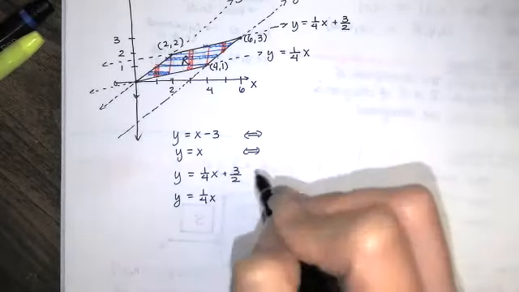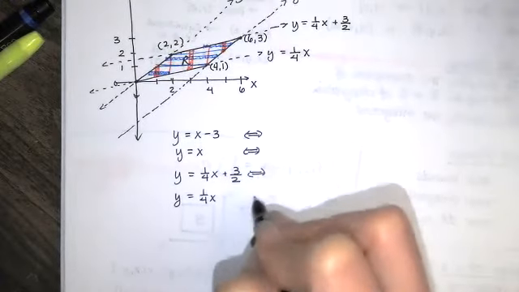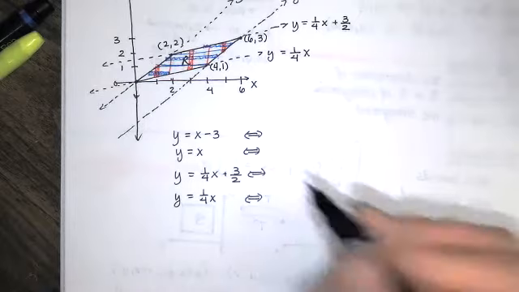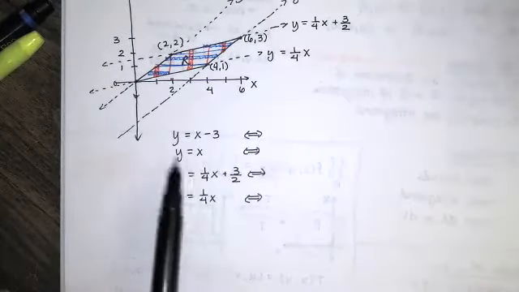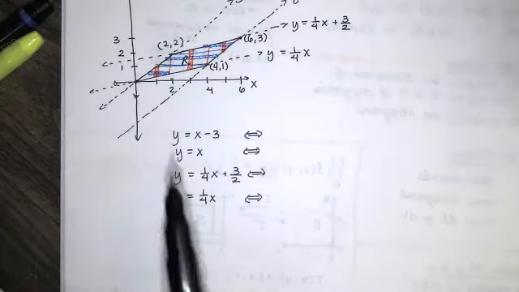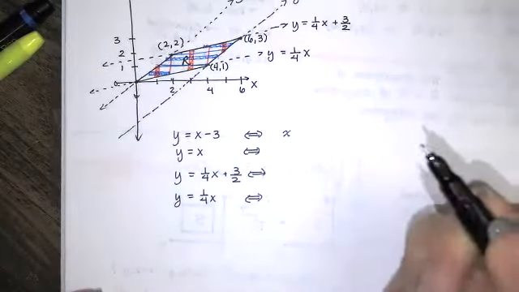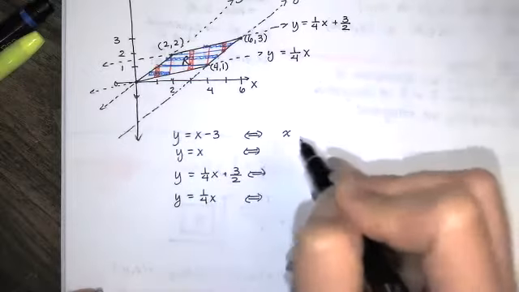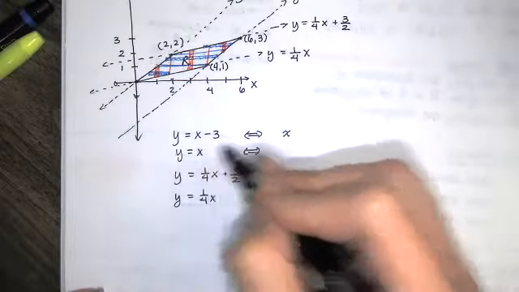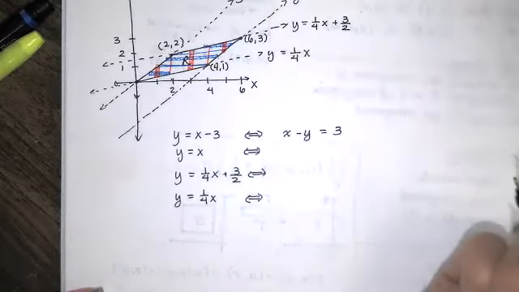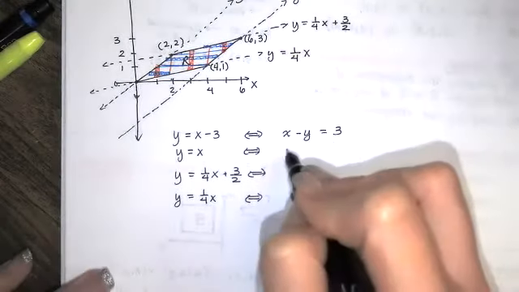Now I could rearrange these just a little bit so that the x and the y are on the same side. I think I want the x first, and I want the x to be positive. So I will add 3 to both sides on this one and subtract y from both sides and switch sides.